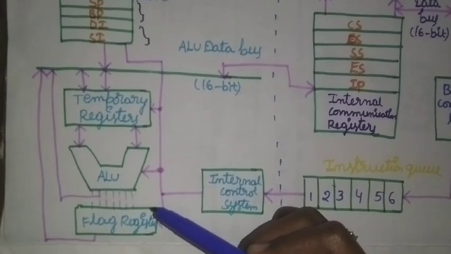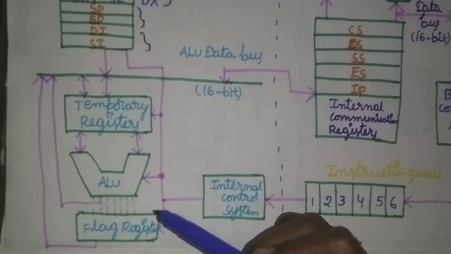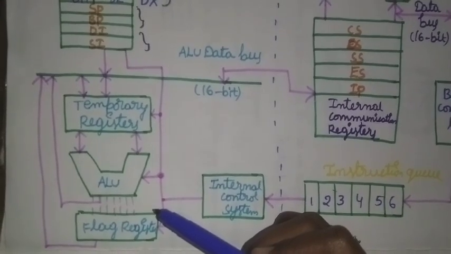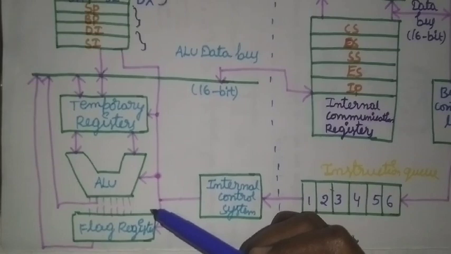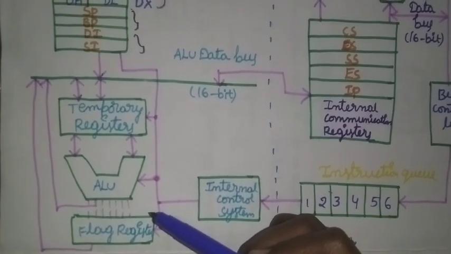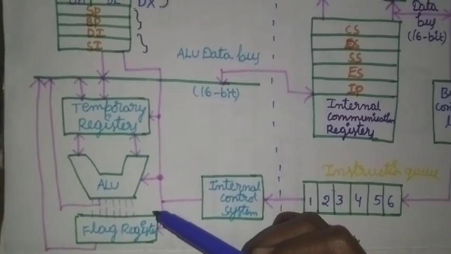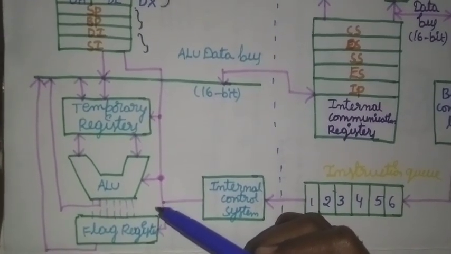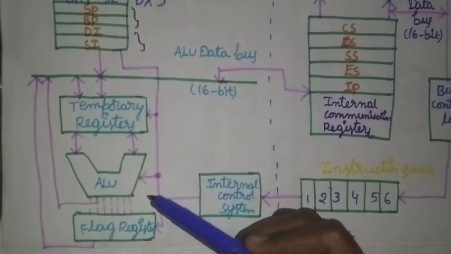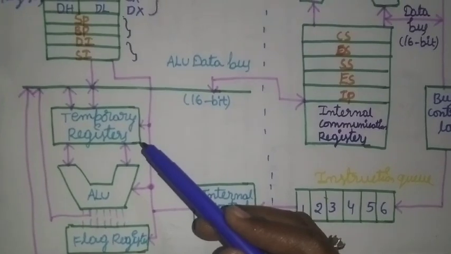Similarly, if the result of an operation is a negative signed number, then the sign flag is set to 1, otherwise 0. So this is the purpose of flag registers, ALU and temporary registers.